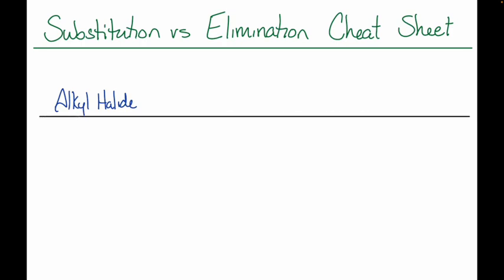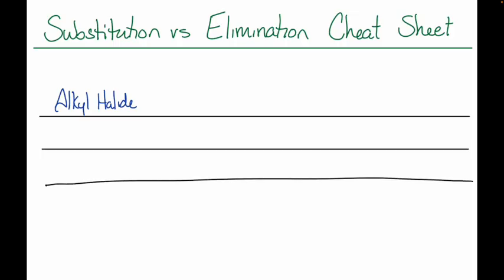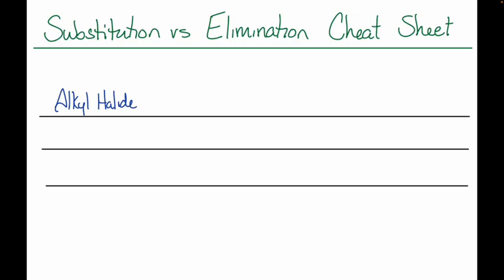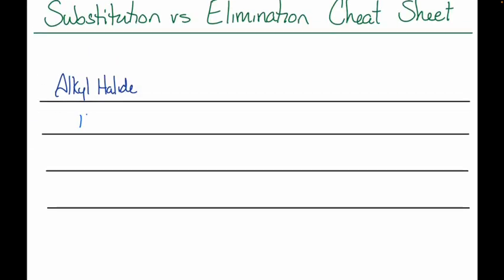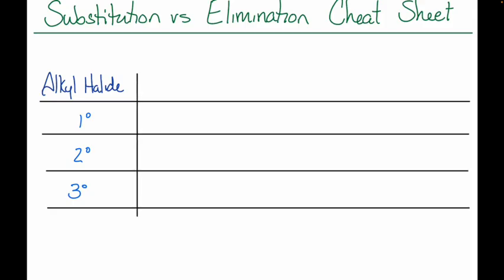We have a few different types of alkyl halides: our primary, secondary, and tertiary. And then we're going to make 4 categories for the 4 different categories of reagents that we've been discussing.